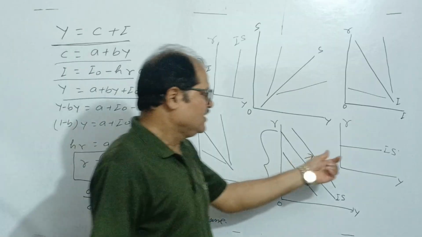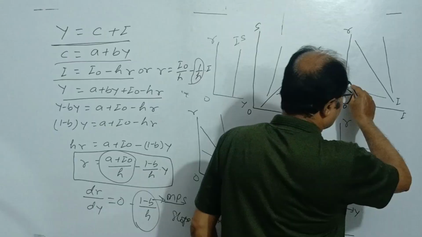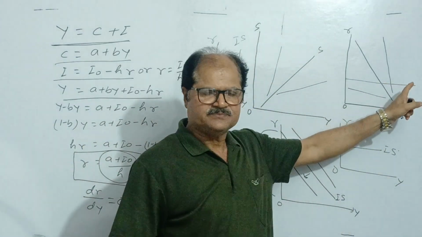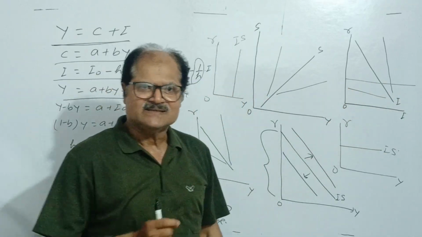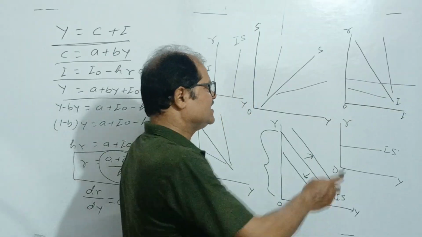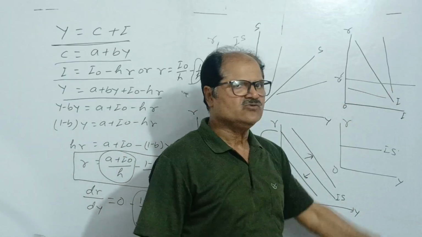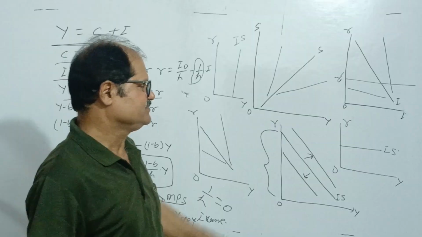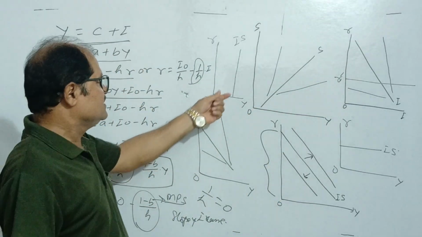So to have a horizontal IS curve, we must have a horizontal investment curve. The investment curve being horizontal means that it is perfectly elastic, that is, at a particular rate of interest, an infinite amount of investment is available in the economy. This is the condition.